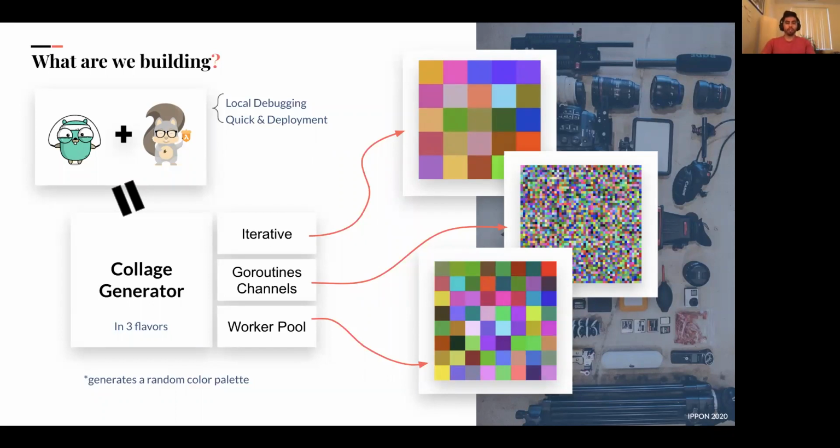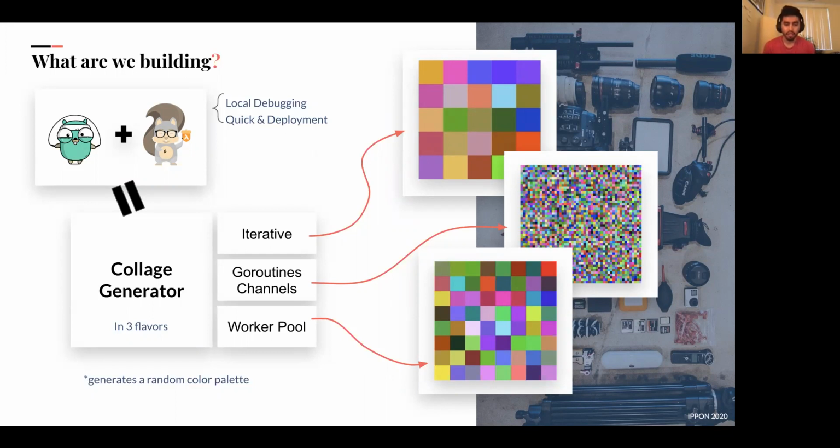So what are we actually building here? We're going to use Go, and we're going to use the AWS SAM model, and we're going to build a collage generator. We're going to specify three separate methods.